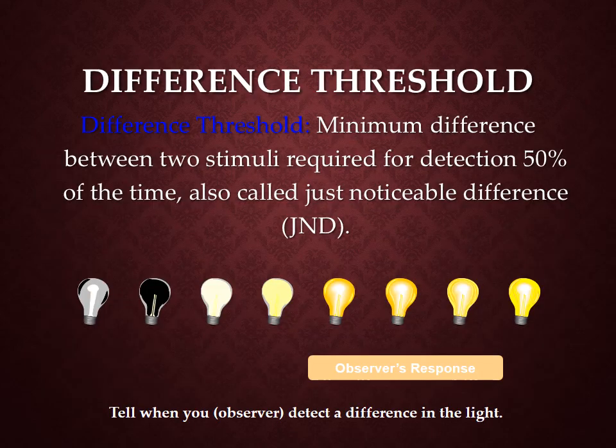The second threshold that you need to know is called the just noticeable difference, or the difference threshold. And again, this is talking about it in terms of absolute minimums. So difference threshold exists when you already have sensitivity to something. You've already detected it. But can you detect a change? So let's say you and a friend are in a room and the room is 68 degrees and you both agree that you can feel the temperature.